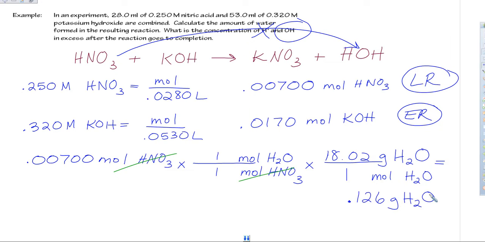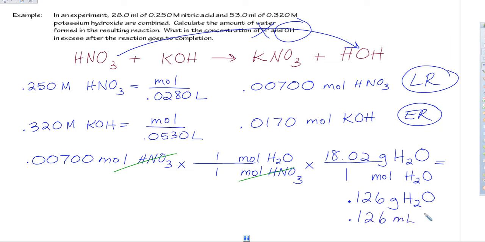Unless otherwise given, you can always assume that the density of water is 1 gram per milliliter. So technically, if I was really doing this in the lab, I'd probably measure an amount of water in, I don't know, grams, probably milliliters. So I might want to say then that this would be 0.126 milliliters, because a milliliter and a gram should be equivalent when we're talking water.